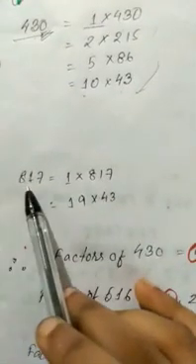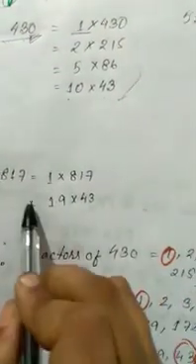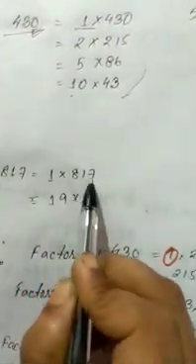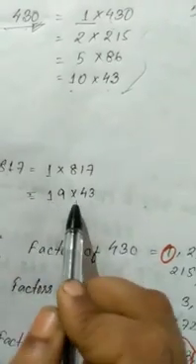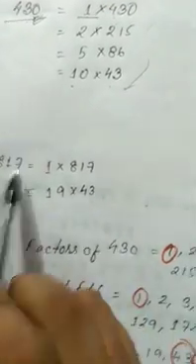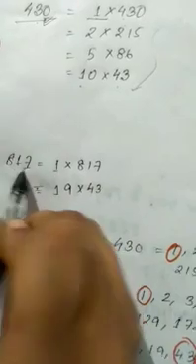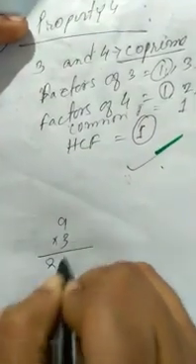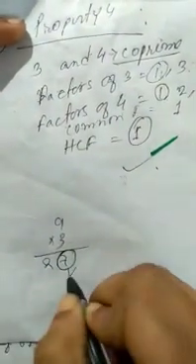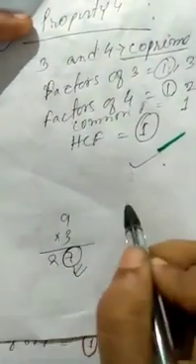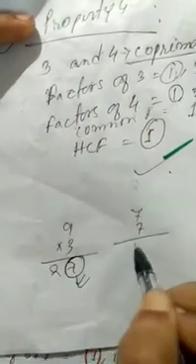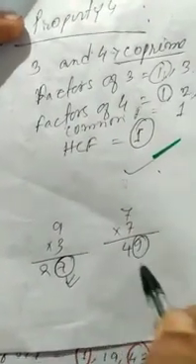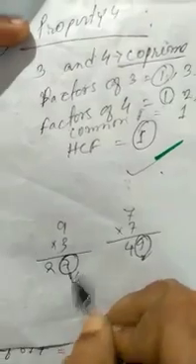So 817 also we can write like this only. 1 into 817, and only 19 into 43. You see how we will check 7. If you multiply 9 and 3, it's 27, so the last digit coming is 7. And 7 times 7 is 49, so the last digit is 9, that is coming, but it's not giving 7.